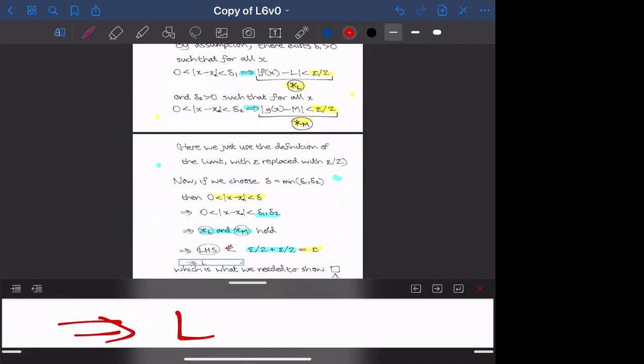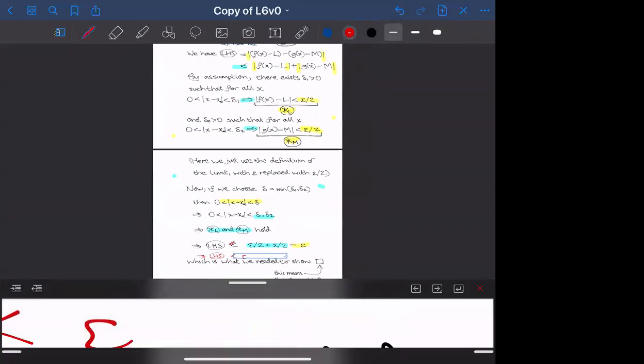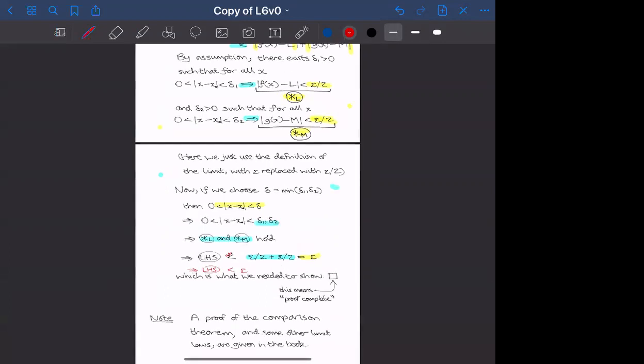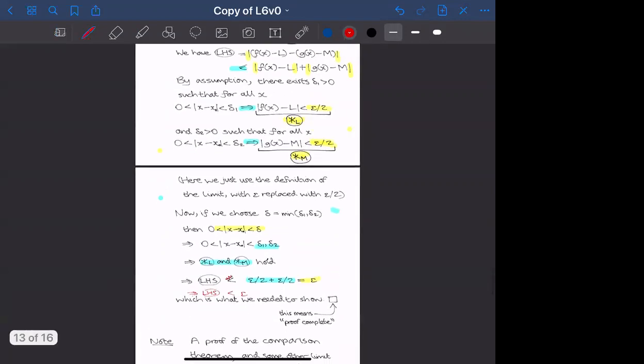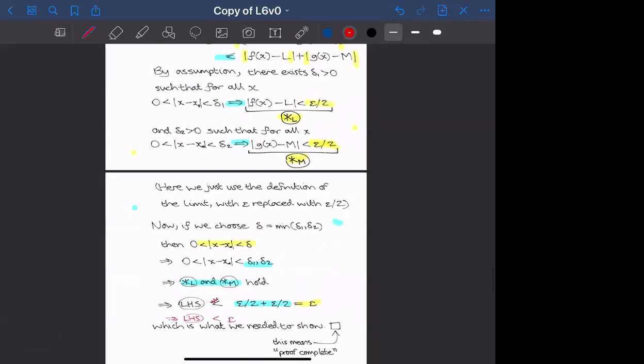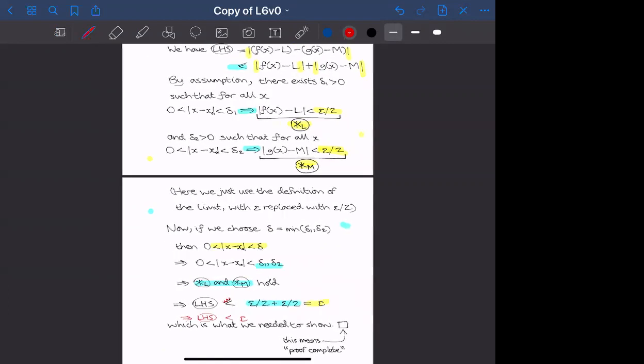And why is that? Well, it's because LHS is less than or equal to the sum of those two things. And both those things are less than epsilon over 2. So the sum is less than epsilon. And that's what we needed to show.